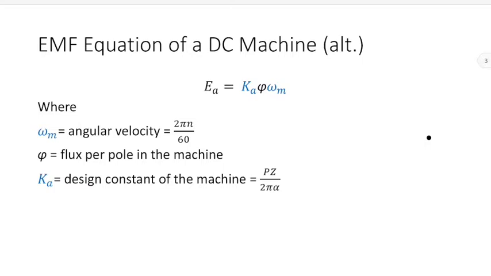So Ka is the parameter that doesn't change in both situations. So it is important for us to learn.